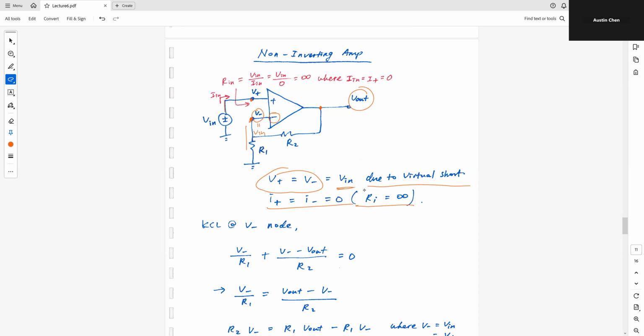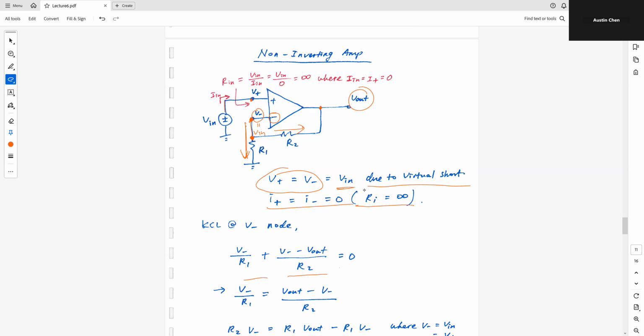V minus divided by R1. That's the current flowing through this R1 to ground. Remember, this node is V in, and this node is also V minus, same thing as over here. It's hardwired. Then V minus minus V out divided by R2. So I have current going down this way, and then I have current going to the right.